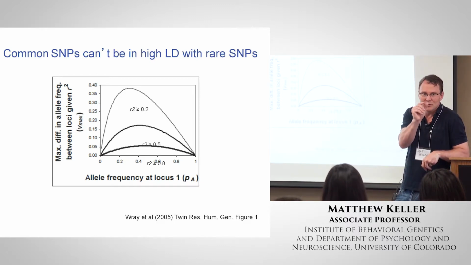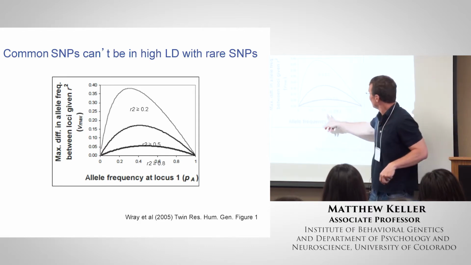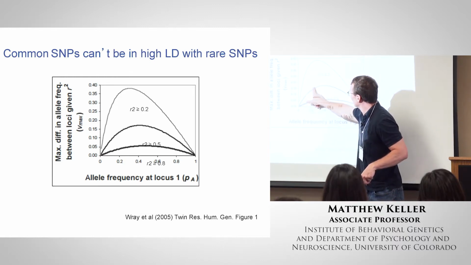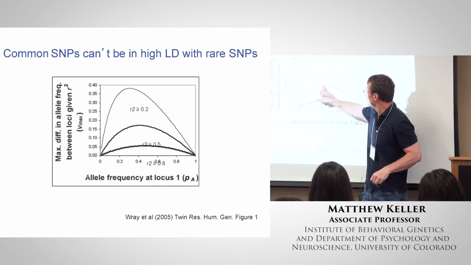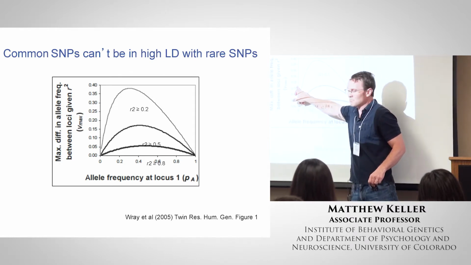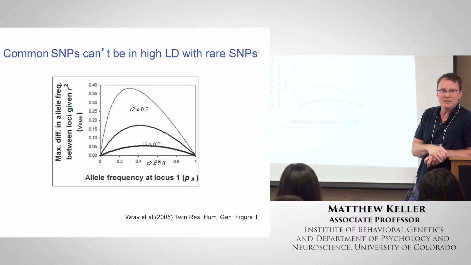So rare variants are only well tagged by other very rare variants, whereas common variants, you see over here, can be tagged by things with a lot of differences in their allele frequencies. So here, if we're using something like 0.4, we could have a variant that's 0.17 different in its allele frequency and still be able to tag it at an R squared of 0.5.